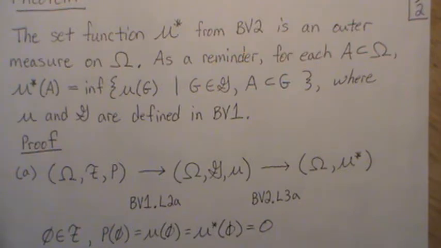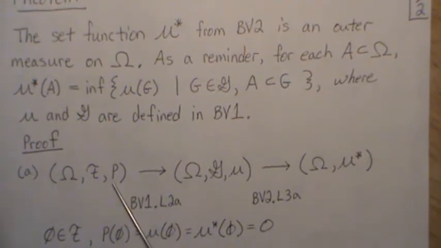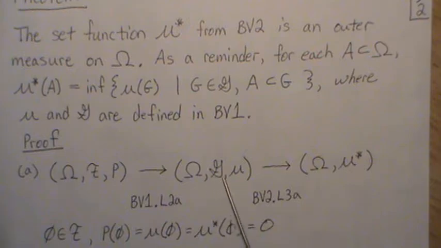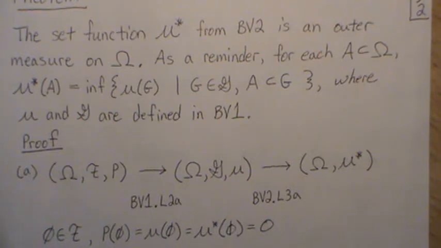So we have to develop this rich structure to show that extension can be unique. Anyway, we take this probability measure and extend it to a probability measure on G, and then we extend that probability measure onto all subsets of omega, and that's what mu star is. But we lost the property that it was a probability measure. We extended it onto too large of a set. And so in the next video, we're going to knock back that requirement of all sets and have it be a smaller set.